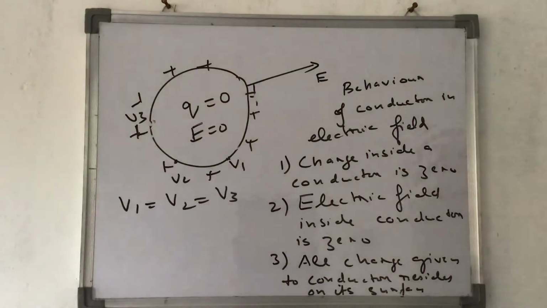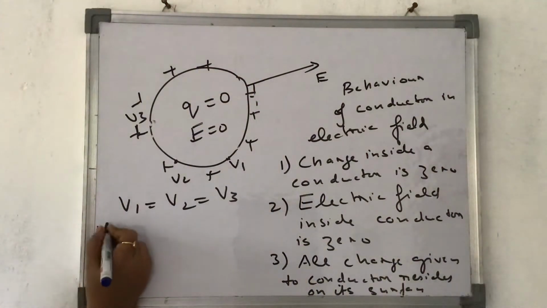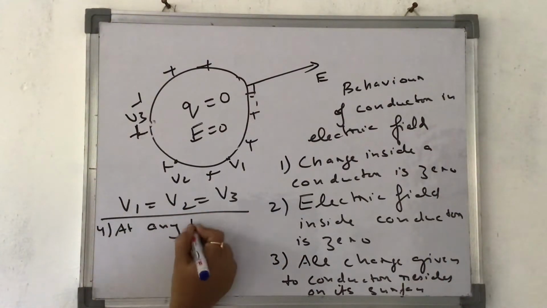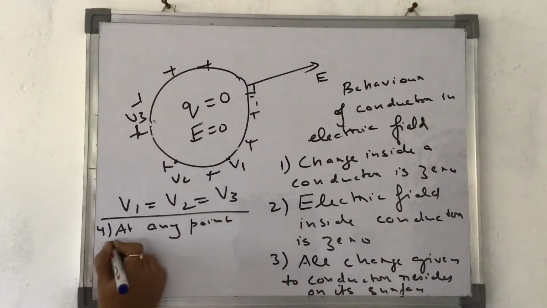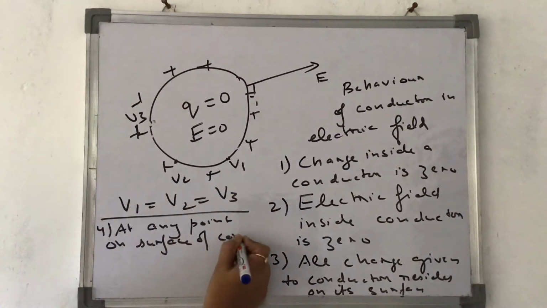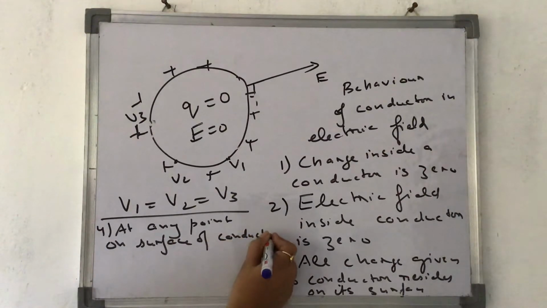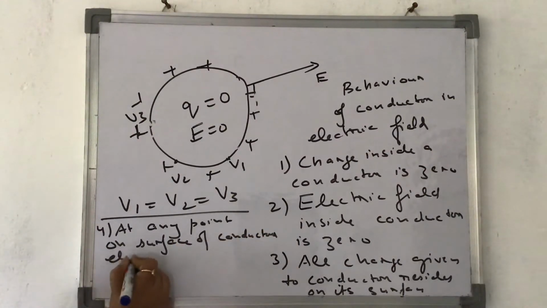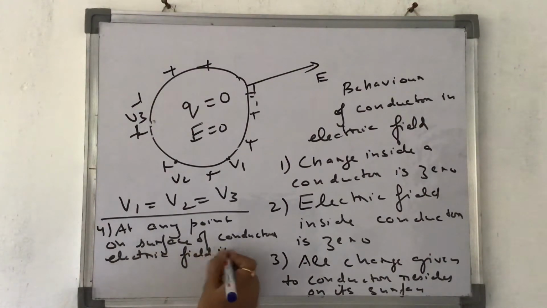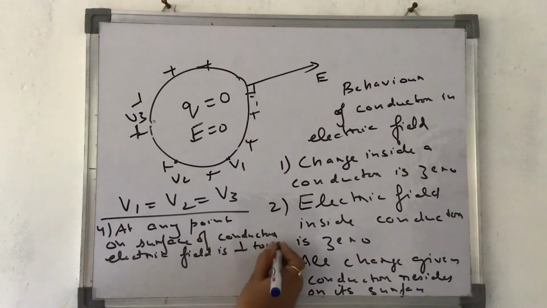Fourth point: at any point on the surface of a conductor, the electric field is perpendicular to it.